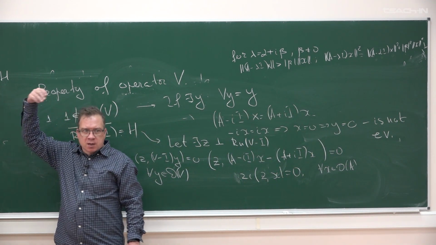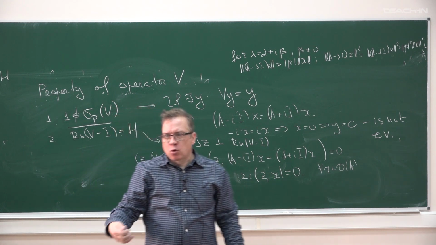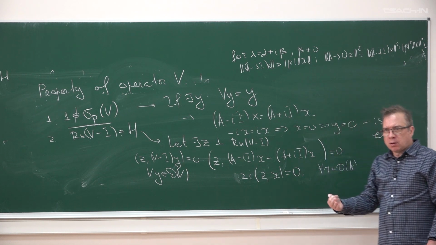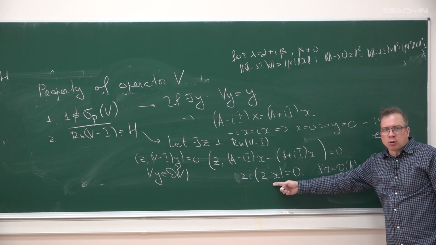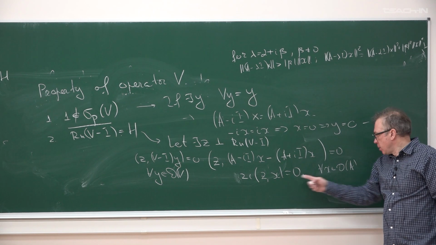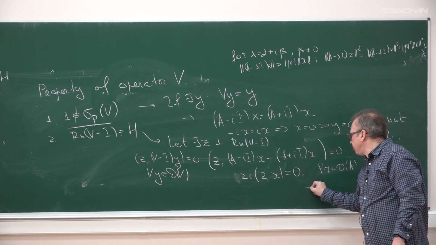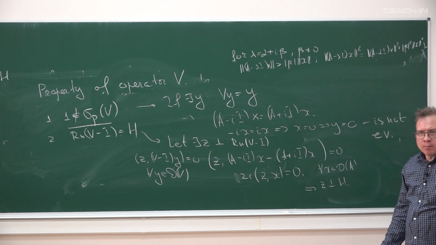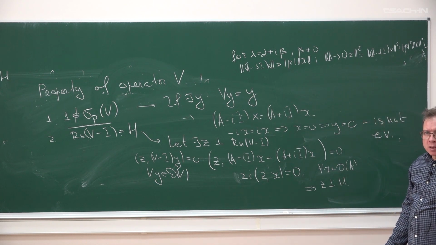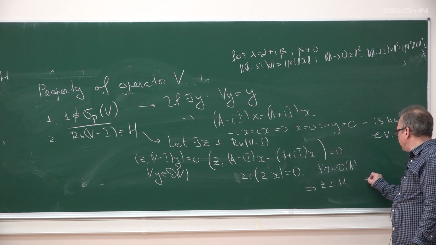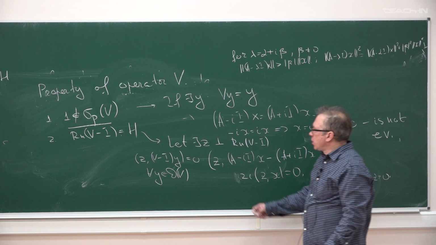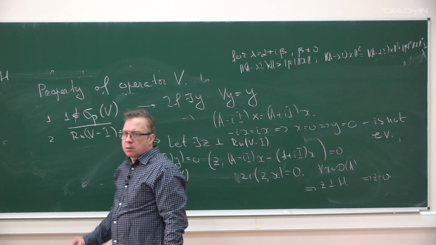The domain is a dense set. So by continuity of the inner product, we obtain that z is orthogonal to the whole space, because the domain is dense. So z is 0. So it means that the range of this operator is dense.